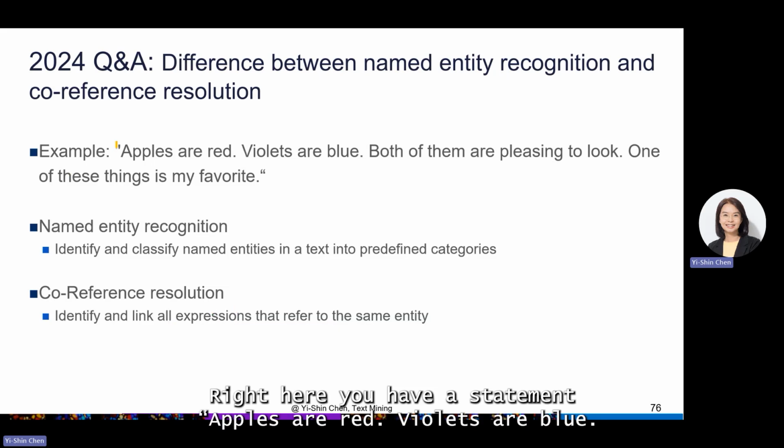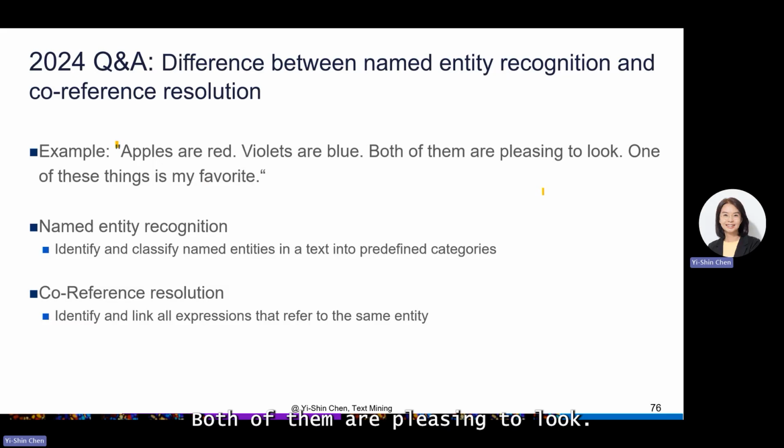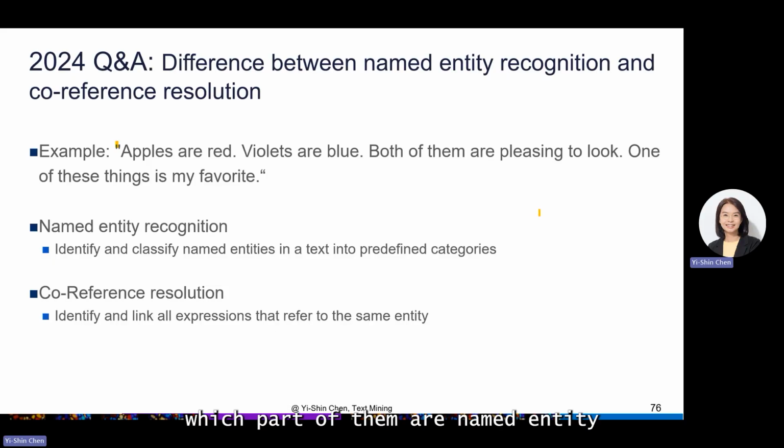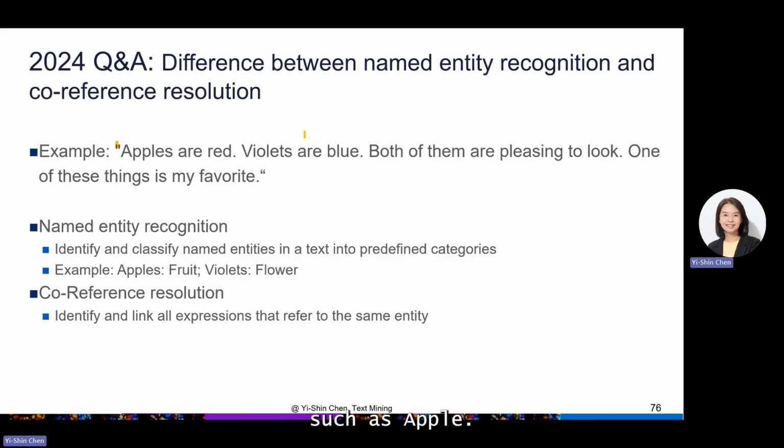Right here, you have a statement. Apples are red, violets are blue. Both of them are pleasing to look at. One of these things is my favorite. Okay, so when we do named entity recognition, we identify which parts are named entities, such as apple and violet.